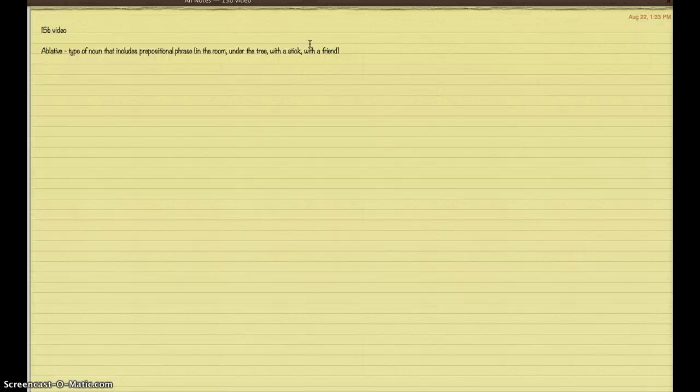Okay, so we need to talk about endings now. You may have a few different types of endings because we have first declension, second declension, and third declension nouns. Since there are different types of nouns, there have to be different ablative endings, unfortunately. So you're going to be looking out for an A ending, an O ending, and an E ending in the singular.